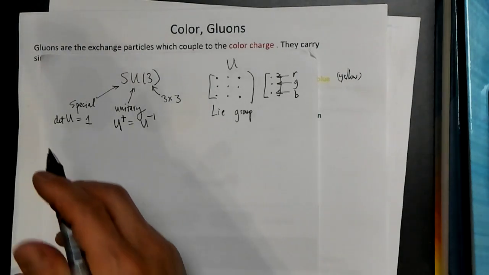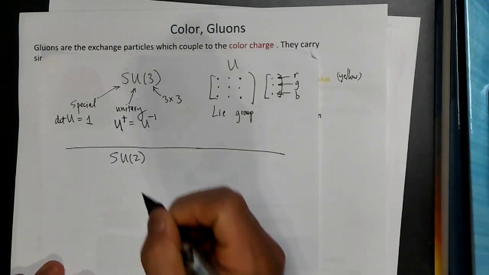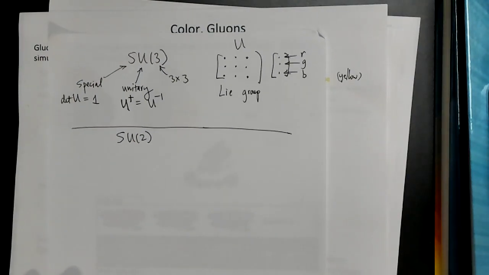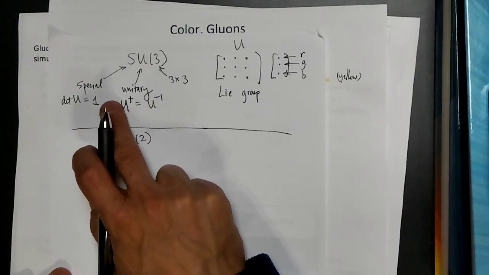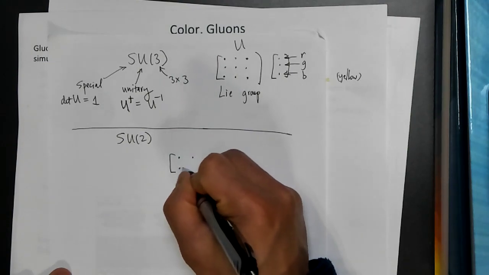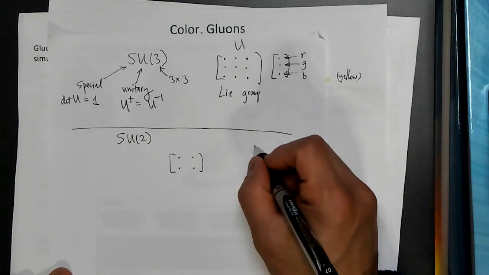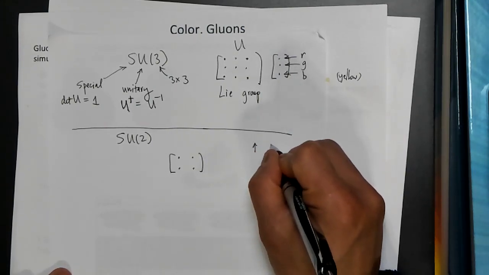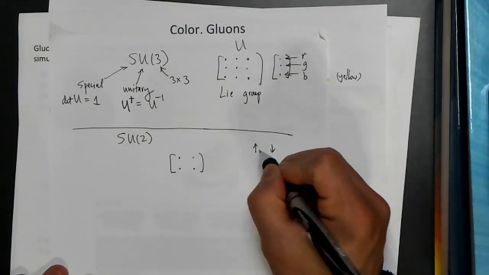All right, now as an aside, let's remember we've talked about a simpler Lie group called SU2, and so SU2 stands for the special unitary 2 by 2 matrices. So in this case, we have 2 by 2 matrices, and we were discussing this in the context of doing rotations of spins for a spin 1/2 particle. We have an up spin and a down spin.